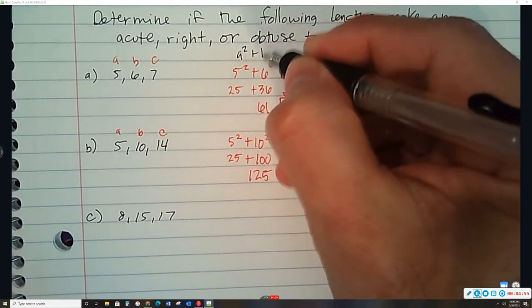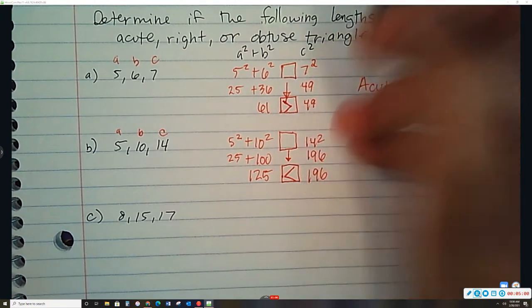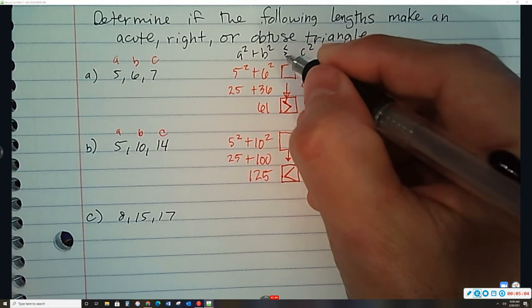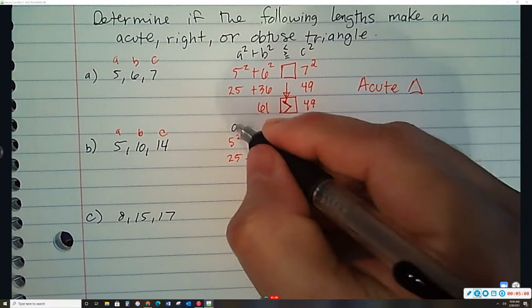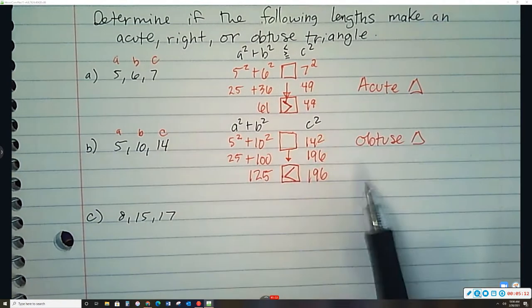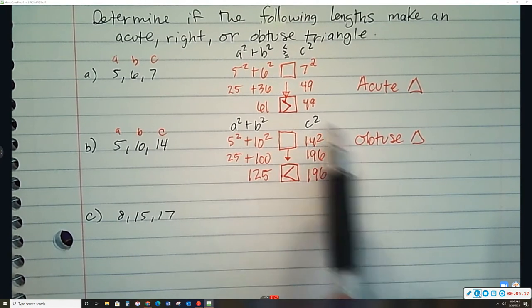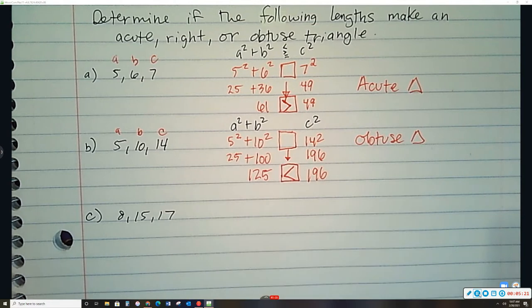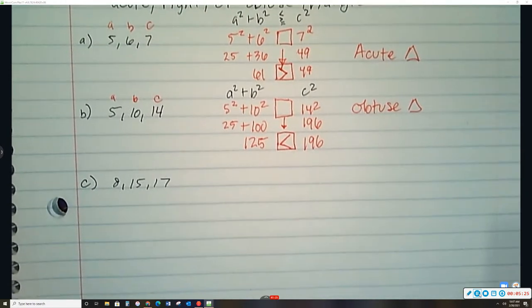I don't put anything in there because we don't know if it's less than, greater than, or equal. But whenever c squared is bigger than the other side, it's obtuse. Here c squared was smaller than the other side. That's acute.